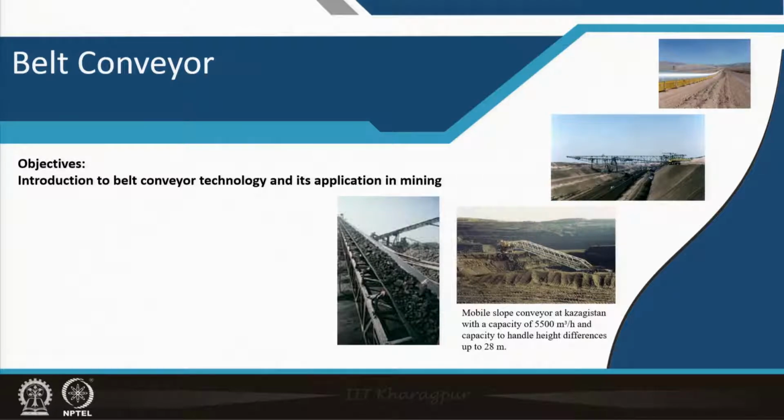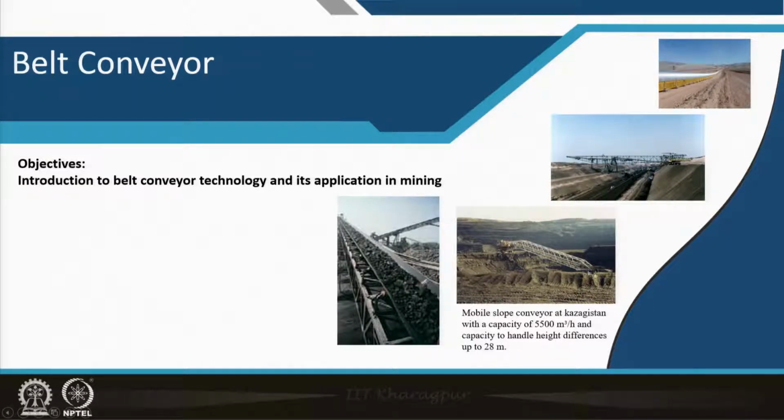Now, here I would like you to see these pictures. You can see a conveyor belt transporting, say, coal here, and there is a belt on which the material is carried. This picture may not be telling properly, but you can see that these conveyor belts are moving on some idlers. This is a general belt, but sometimes this whole thing can be mounted on a bridge type of structure.